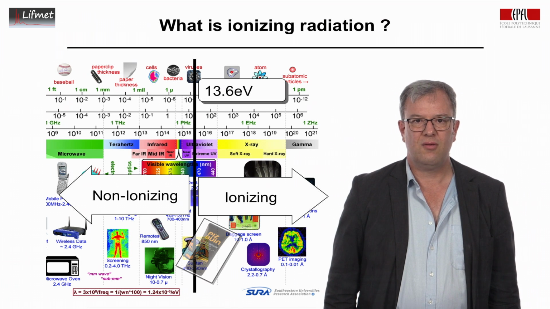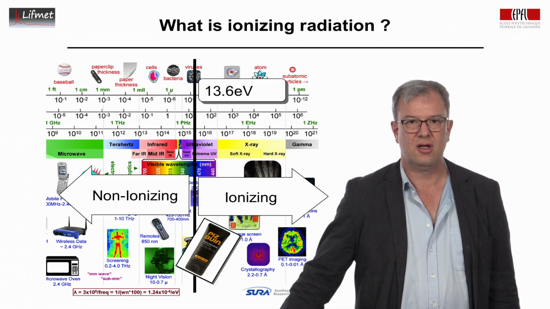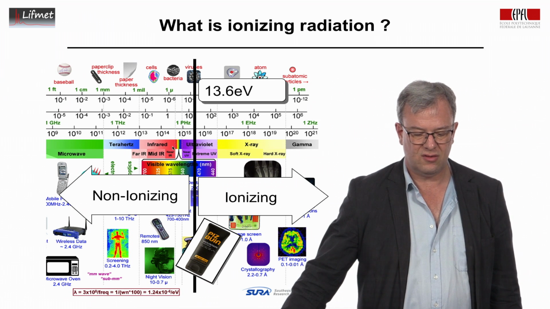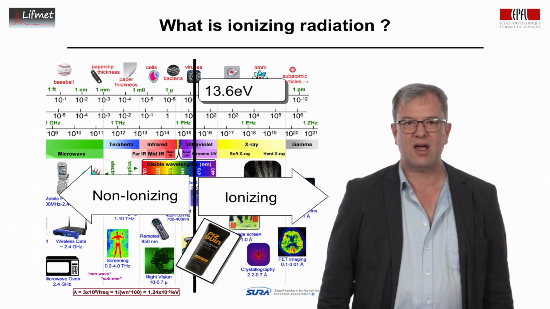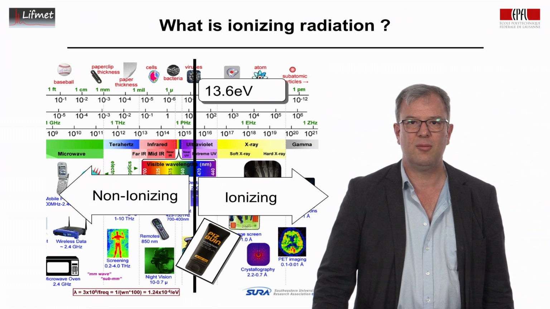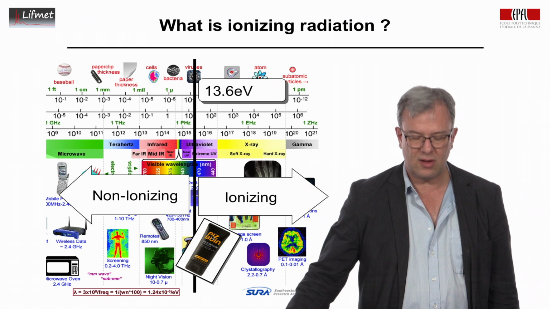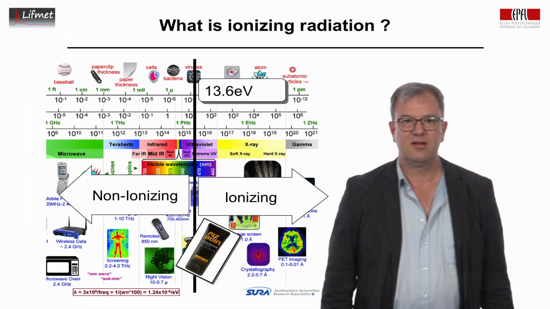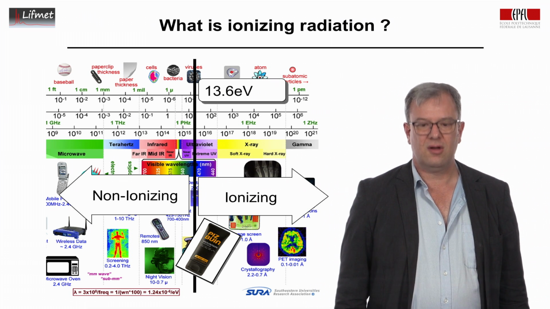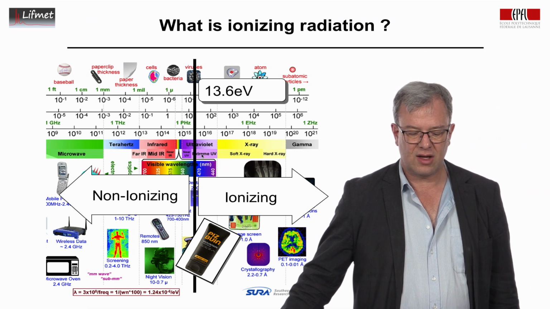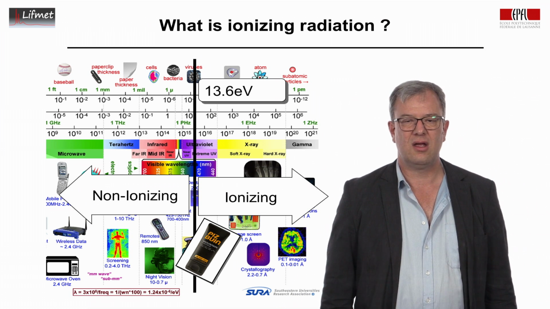Now, if we look at where the separation is, we see it is in the ultraviolet range. The visible light, what we see, is here. This is the light where we see the rainbows. So it's actually quite close to visible light, slightly above. And this is why we use products like this one. This is typical for Switzerland. Sunscreen. We use sunscreen to block out the harmful ultraviolet rays, which have sufficient energy that they can start to be ionizing in our skin.